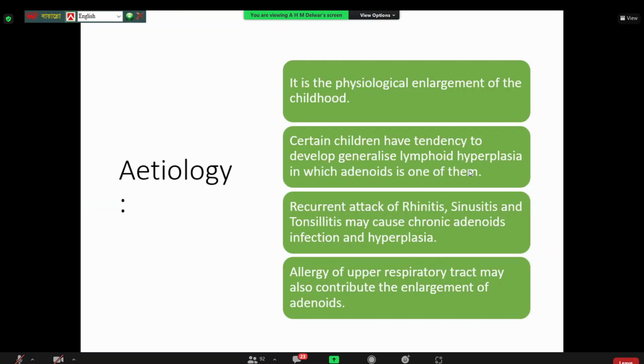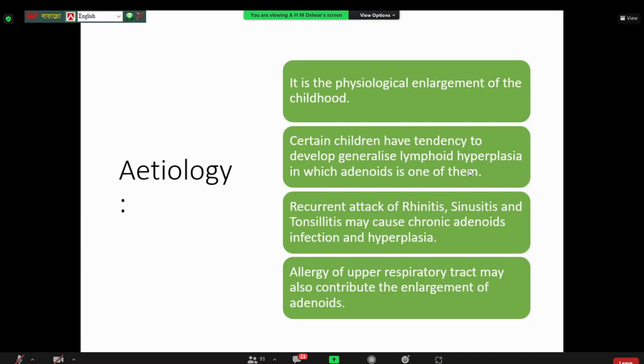There are 6 seasons, and during the change of season and climate, some viruses and bacteria become active. The children's immunity is low, so they get attacks of rhinitis, sinusitis, or tonsillitis.